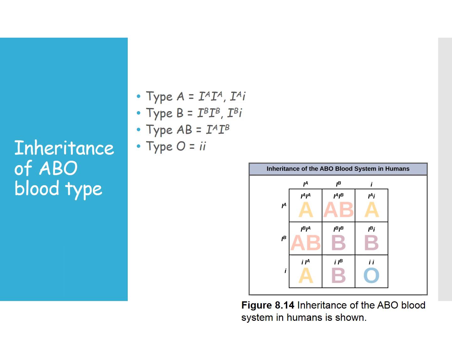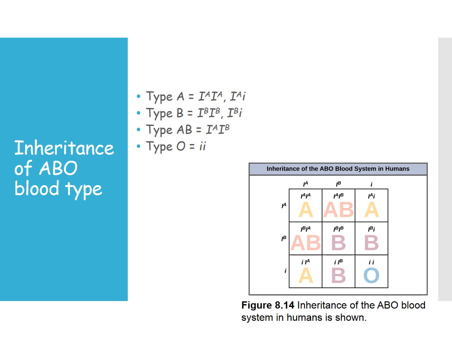This chart is showing the inheritance of the ABO blood system in humans. Individuals that have type A blood could inherit two A alleles, or an allele for A and an allele for O. Remember, the lowercase i represents the allele for type O blood.